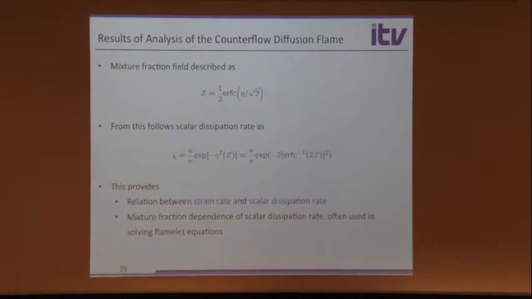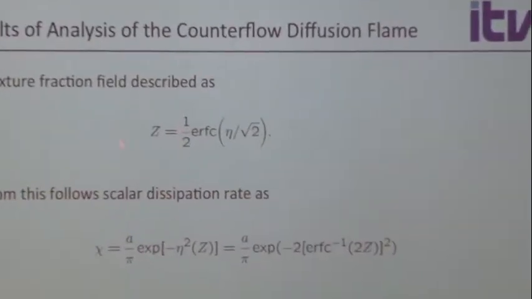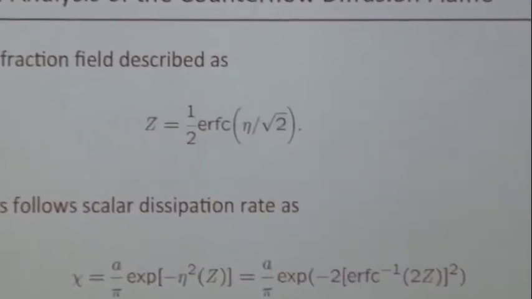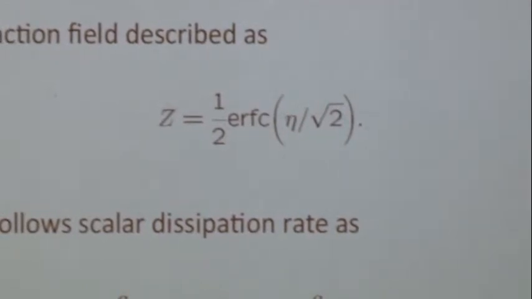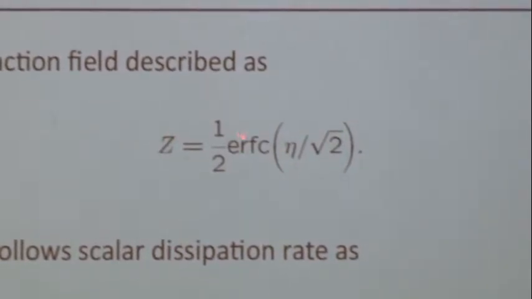The result of this is that the mixture fraction is the complementary error function of the similarity coordinate eta. Complementary error function is just 1 minus the error function. Okay?